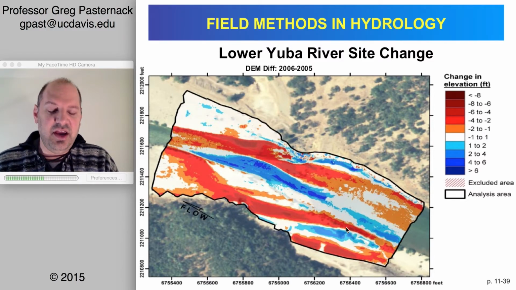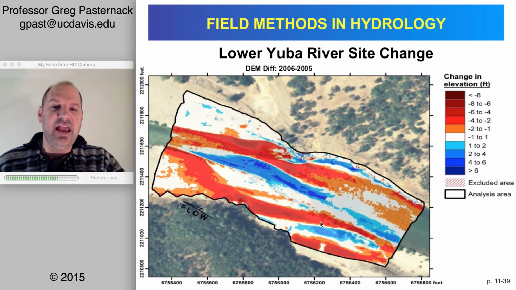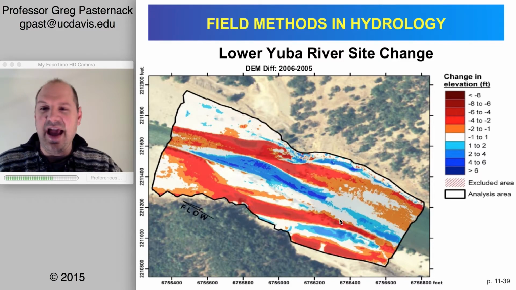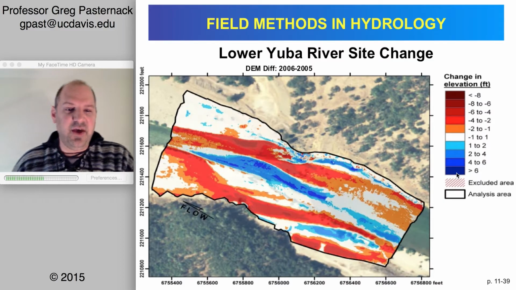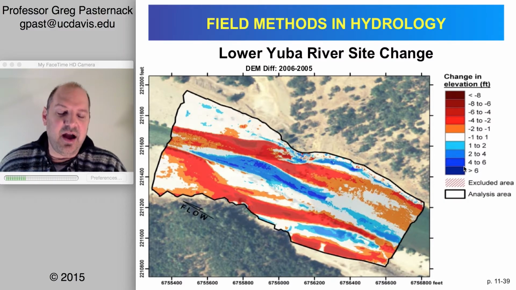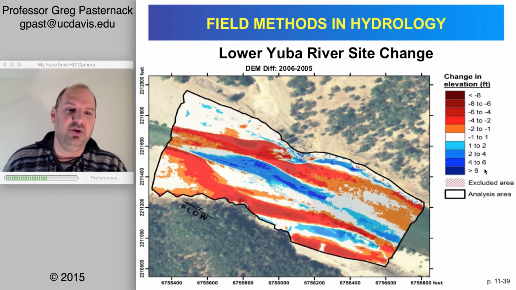And what's shown here is the net change. So if I take the topography at time 2 and subtract from that the topography at time 1, and that's all GIS, and don't worry about that right now, but what you can see is the areas in red are areas of scour and blue is areas of fill, and the intensity of that color is proportional to the magnitude of that scour or fill.